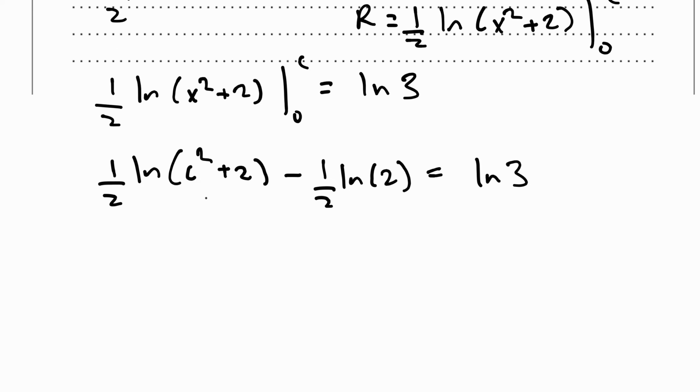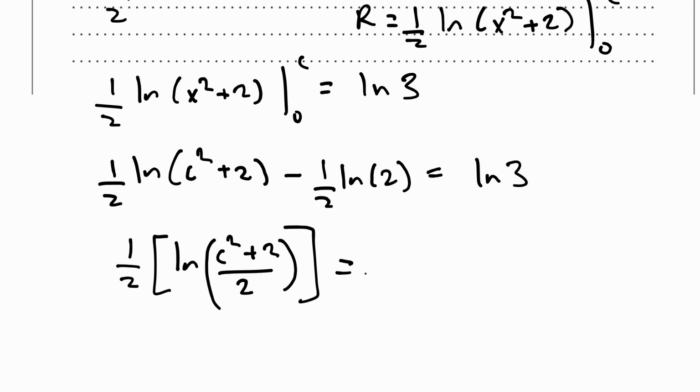Now let's factor out 1 over 2. 1 over 2 ln, and we know our logarithm rules that ln minus ln, because they have the same base, would just be ln of c squared plus 2 over 2. That's from our logarithm rules, and that's equal to ln 3.